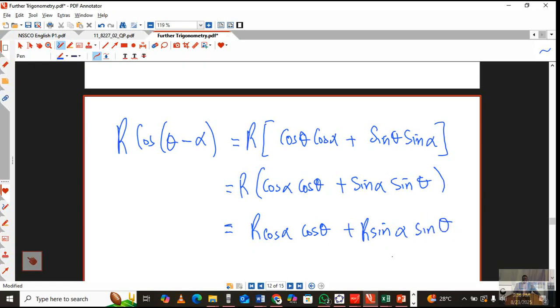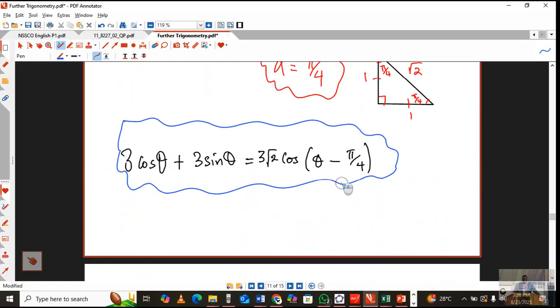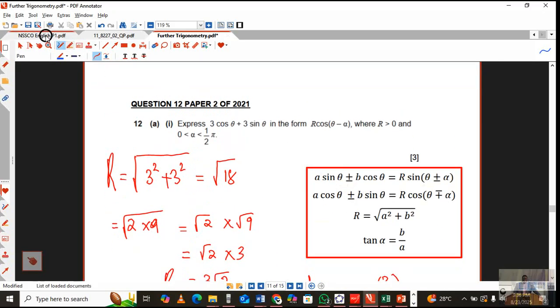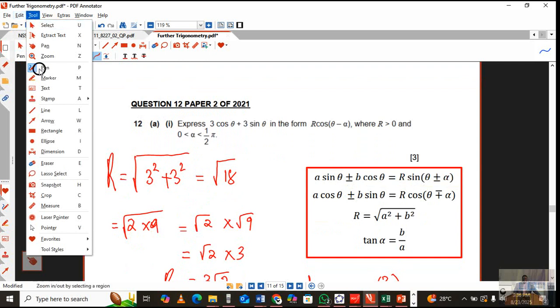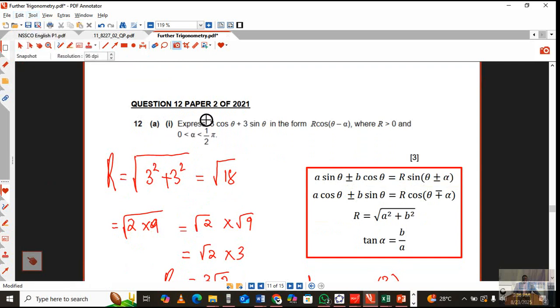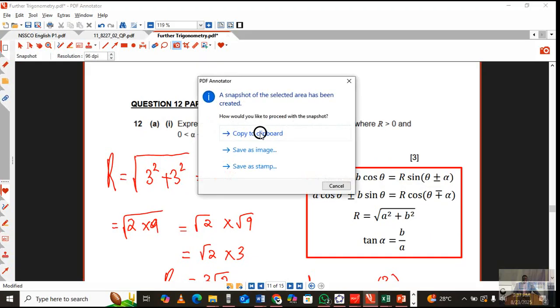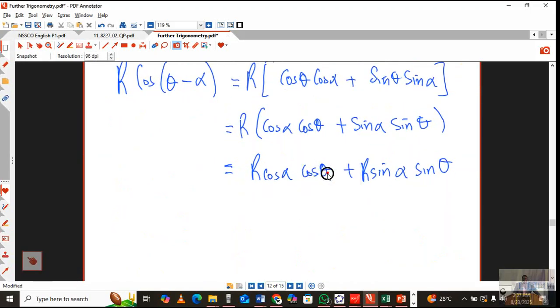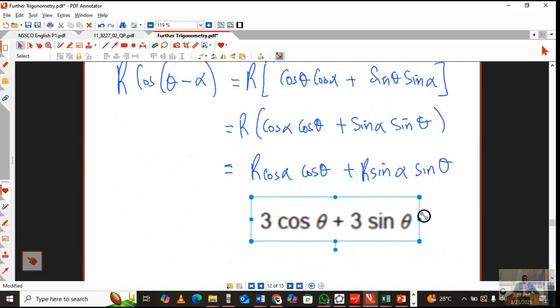Okay, so let me just grab this part of the question. Let's take a snapshot of it, so you can see what I'm referring to. Grabbing that, I'm just going to paste it over here and make it a little bit bigger.